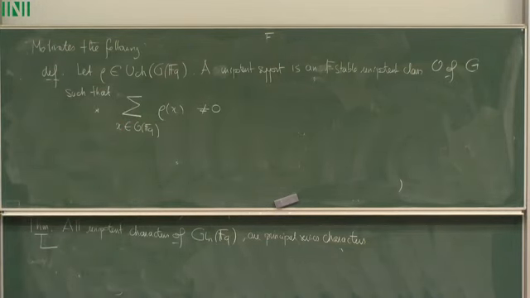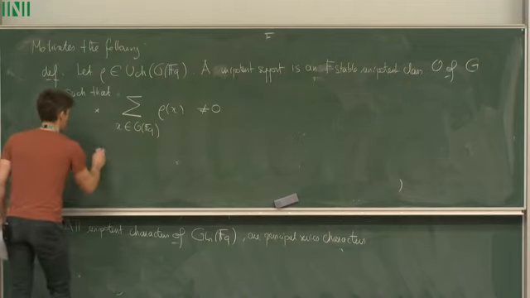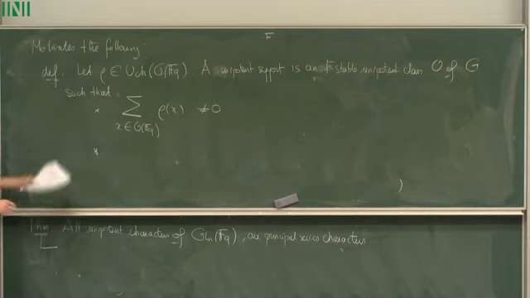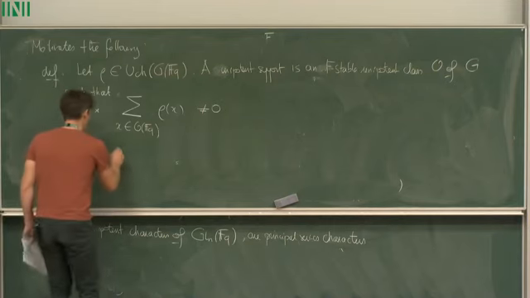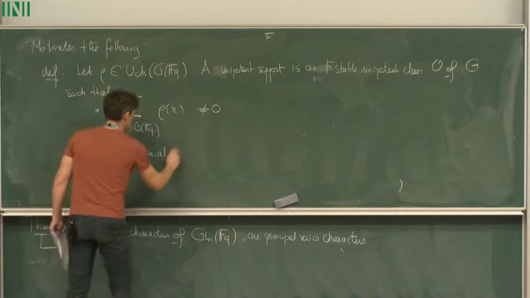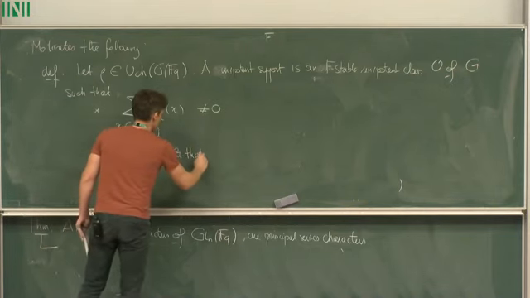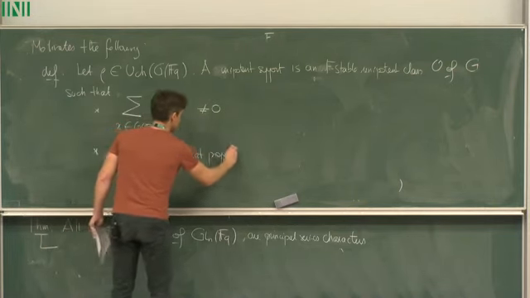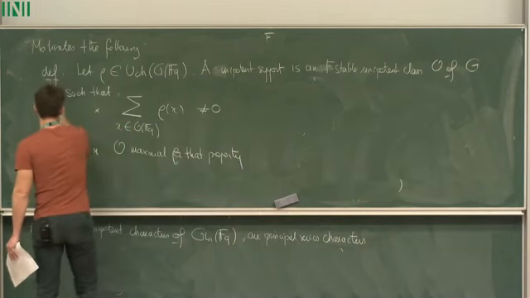So I look at a class on which rho will not vanish, but also on which the average of rho will not vanish. And I will take O to be minimal, maximal for that property. Okay.